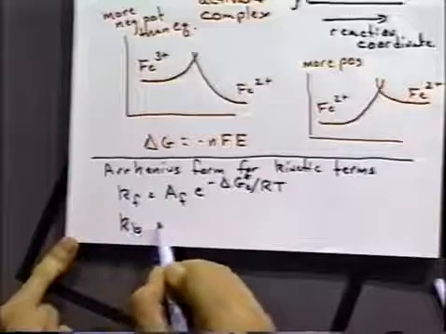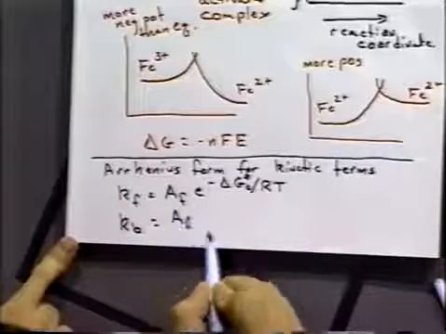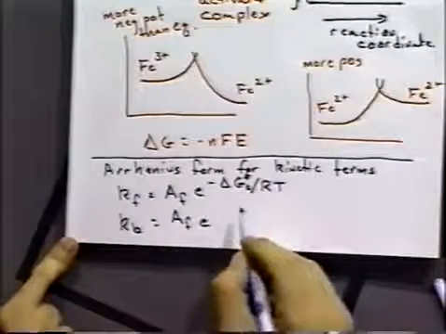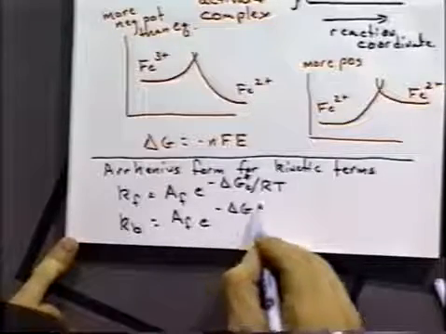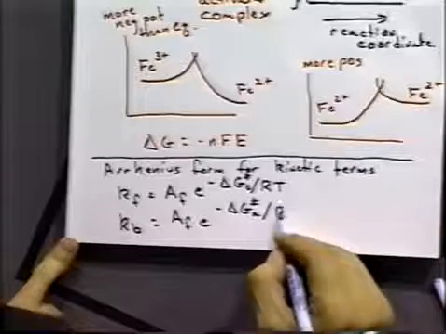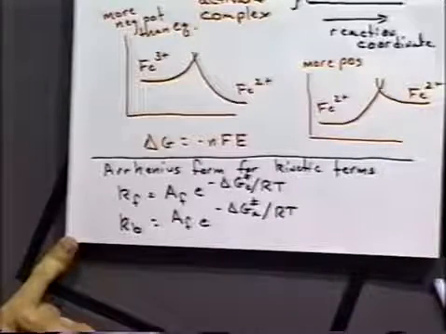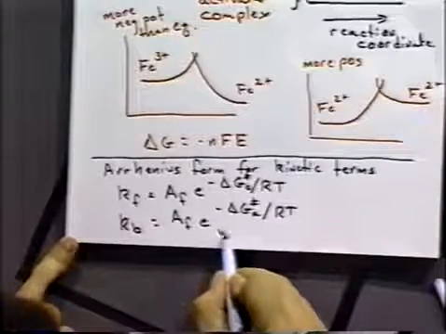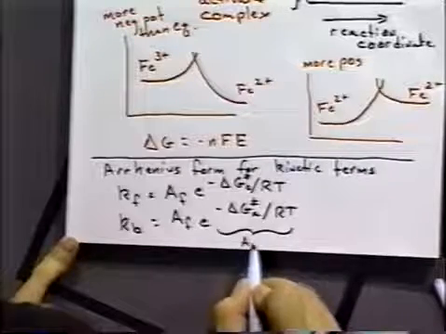And Kb is equal to A sub F e to the minus delta G double dagger for the anodic process over RT. Here you can see our terms for the activation energy.